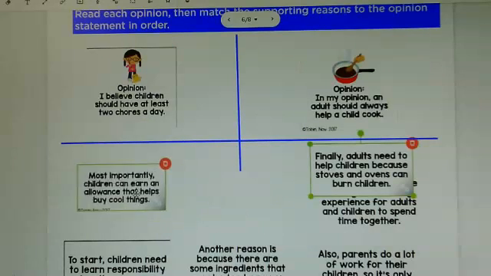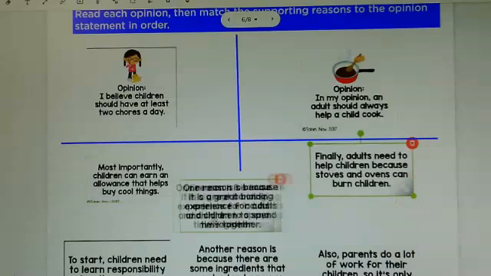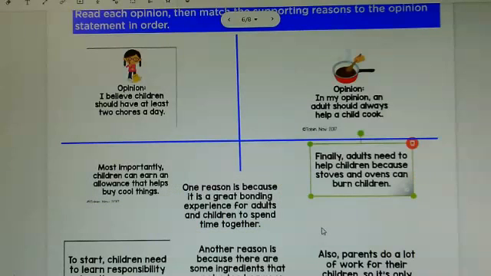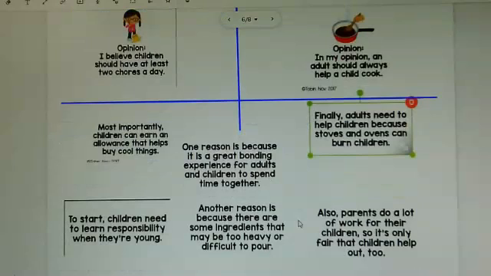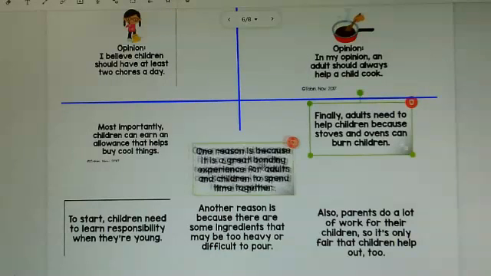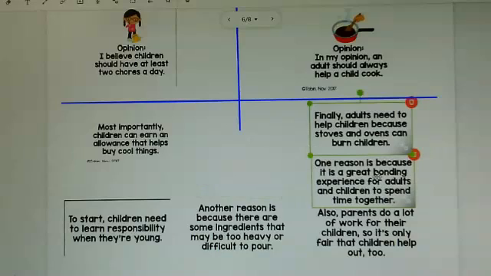It's talking about chores, so it's going to go over here. How about this one? One reason is because it is a great bonding experience for adults and children to spend time together. Is that talking about children doing chores, or is that talking about adults and children cooking? Well, it uses adults and children, and so does this one. So I'm thinking it means this.